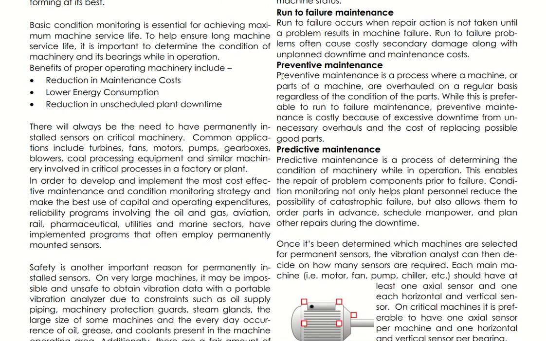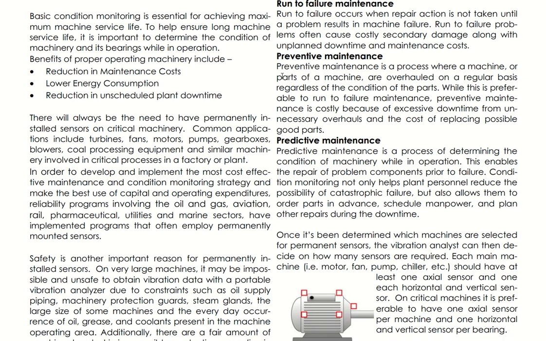And once it's been determined which machines are selected for permanent sensors, then the vibration analysis can take place. The vibration analyst can then decide how many sensors are required, and for each machine, like motor or fan or pump or AC, anything, it should have at least one axial sensor and one each horizontal and vertical sensors, right?